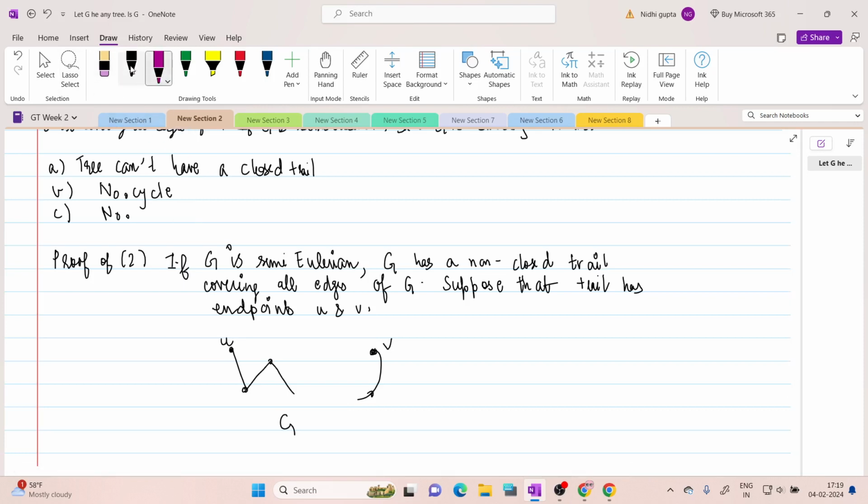We have some trail like this, starting from U to V, and it has all the edges. Now tell me, what can we say about the graph G plus UV?